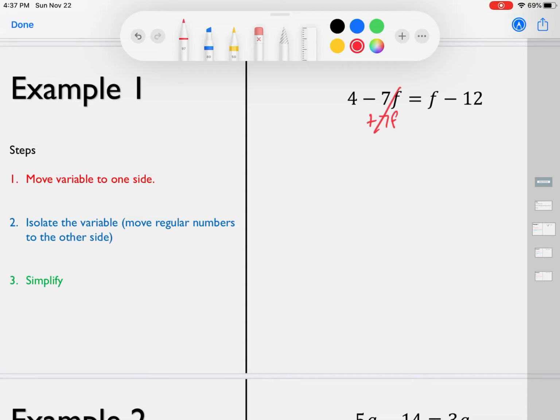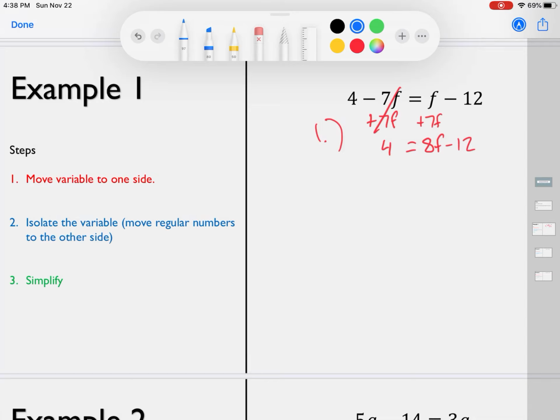So if I add 7f to negative 7f, I can just cross it out, it's gone. And then I also have to add 7f to the right-hand side then. So that leaves me with 8f minus 12 on the right-hand side, and then 4 on the left-hand side. So that's the end of my first step.